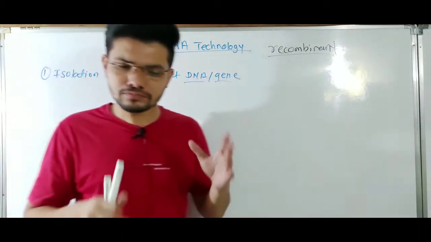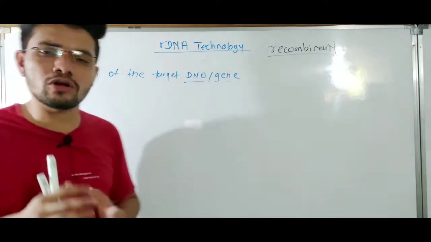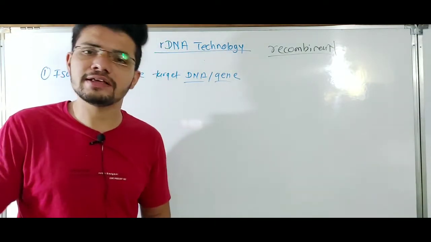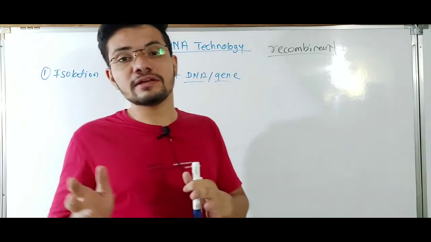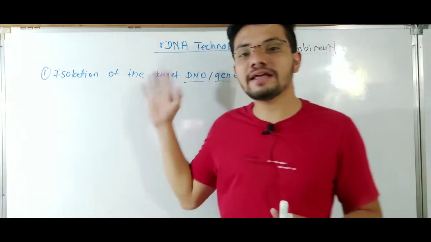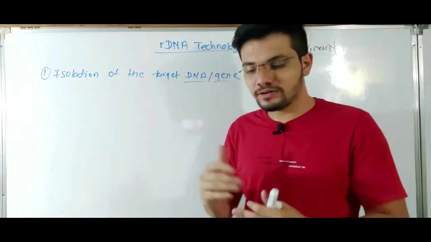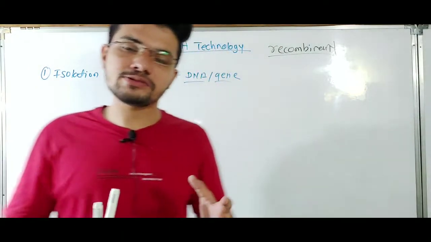But with the help of rDNA technology, we can make that insulin in bacteria also. How do we make insulin in bacteria? By using rDNA technology, and that is what we are going to study in this video.